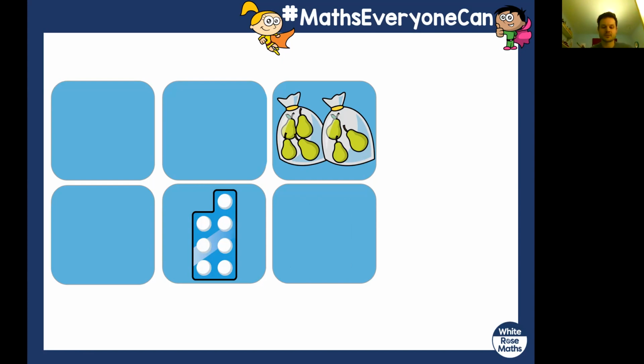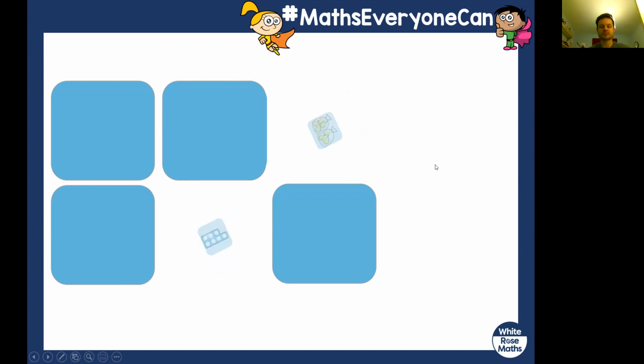Is it 6? Is it 7? Or is it 8? Okay, well done, guys. It is 7. There are 7 holes on the piece of Numicon and 7 pairs, and 7 and 7 means we have a matching pair. So those two will disappear.